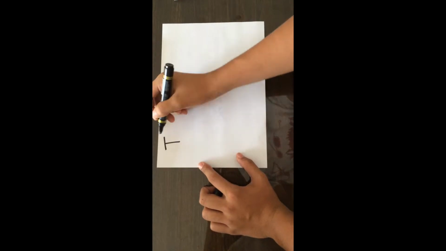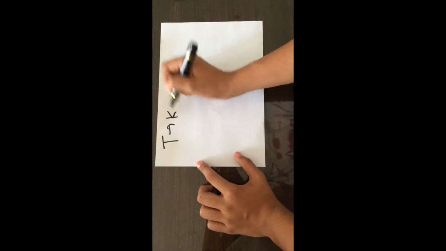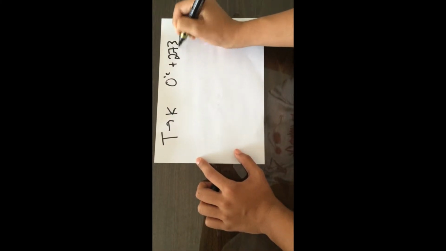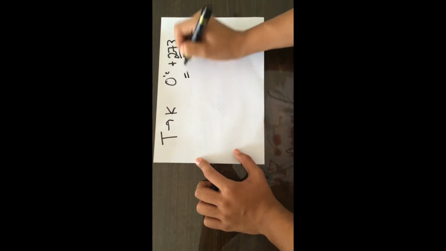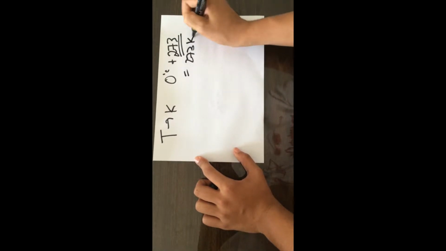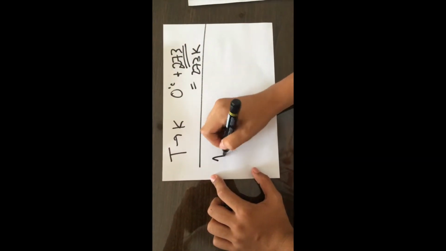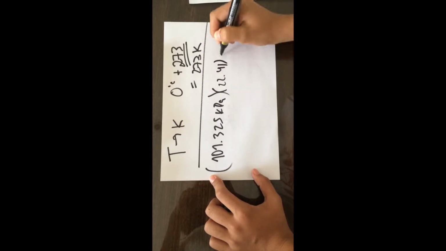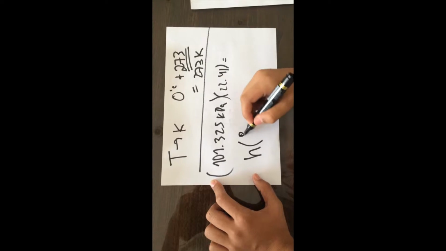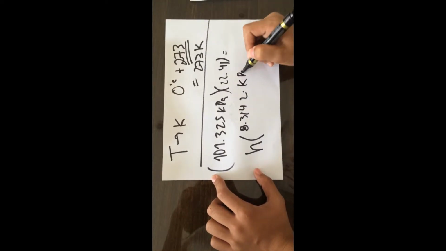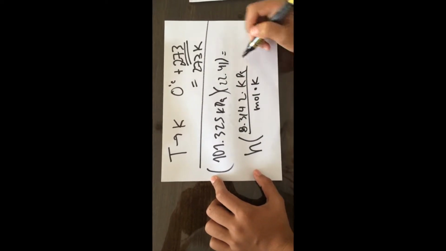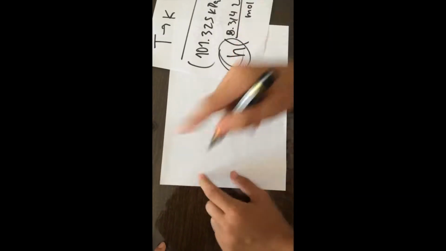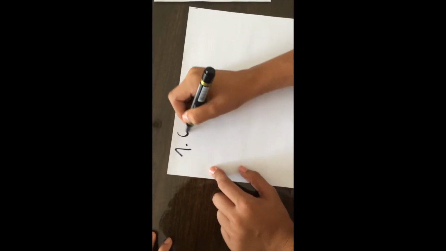We have to convert the temperature into kelvins, which is 0 plus 273, equals 273 kelvins. Plug the values into the formula. Solving for n, we get an amount of 1 mole.